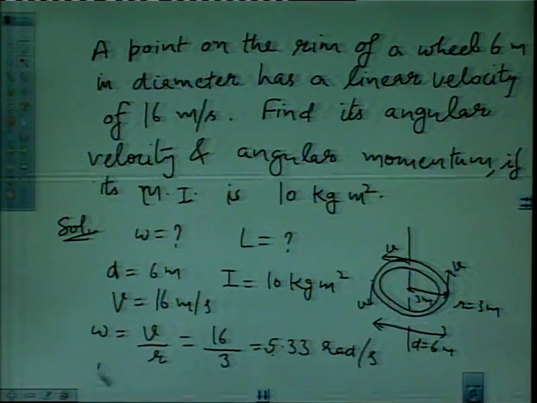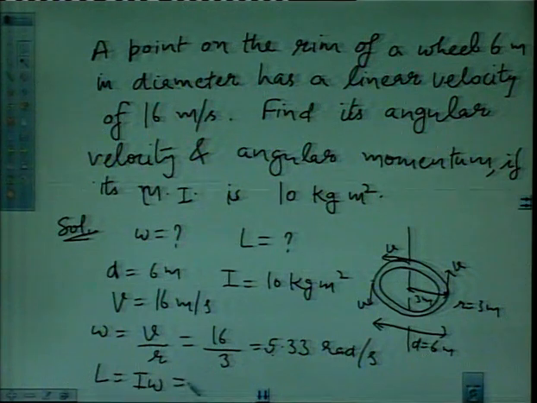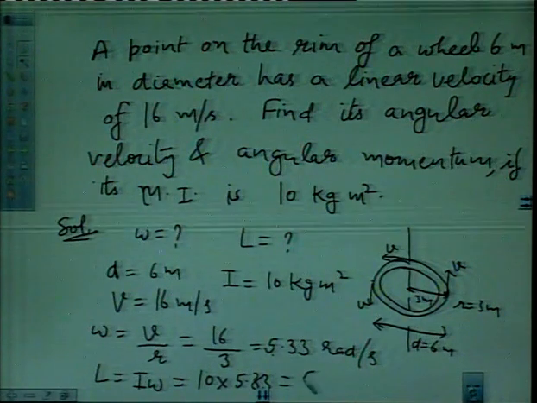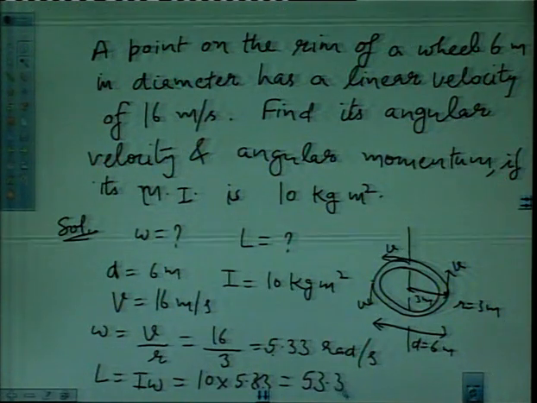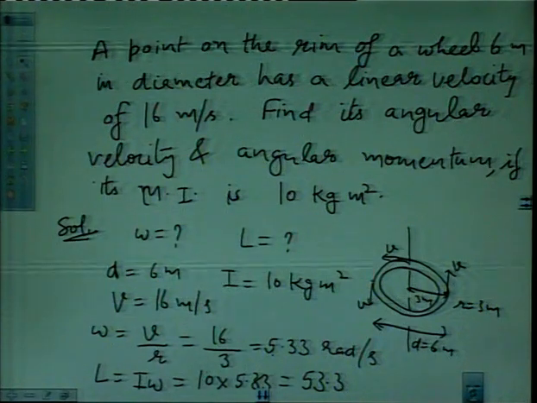Now we have to find the angular momentum L. L is equal to I into omega. I is 10 kilogram meter square into omega is 5.33. So we have 53.3. This is the angular momentum.